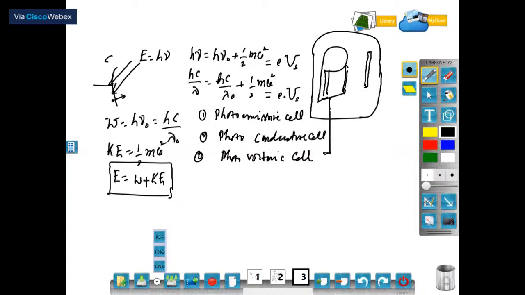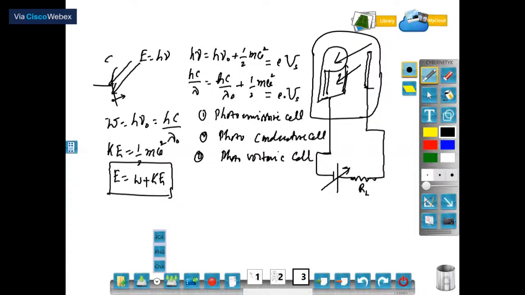The cathode has been connected to the negative of a battery, and the anode has been connected to the positive of the battery through a load resistor, across which the output is taken. When light of suitable frequency is incident on the photocathode, the photoelectric effect takes place, and emitted electrons reach the anode and flow in the external circuit, giving rise to a current called the photoelectric current. The output current is taken across the load resistor. This is the photoemissive cell.